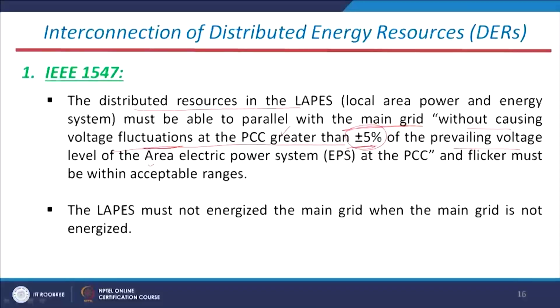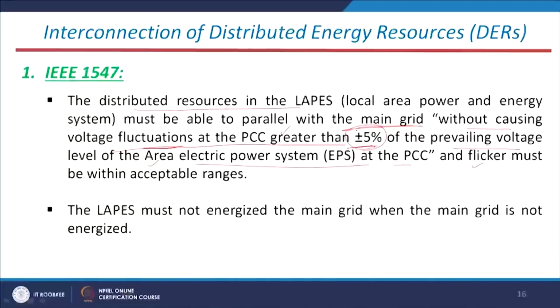1547 series. And the prevailing voltage level of the area electric power system at the PCC and the flicker must be within the acceptable limit. Flicker is basically one of the power quality issues. We have voltage sag, swell, flicker, voltage interruption. So, flicker is one of them.